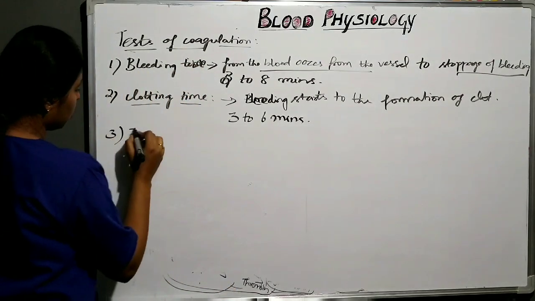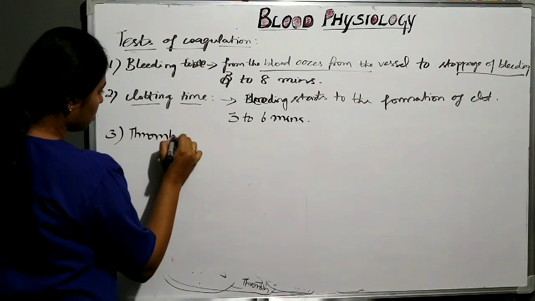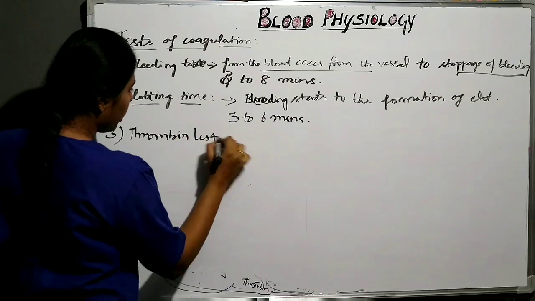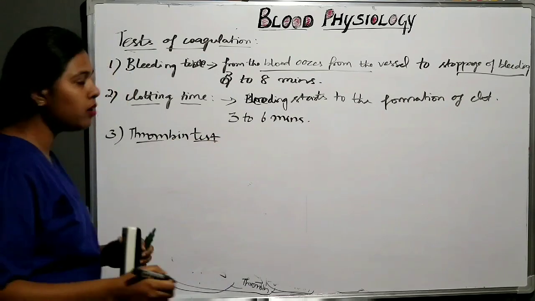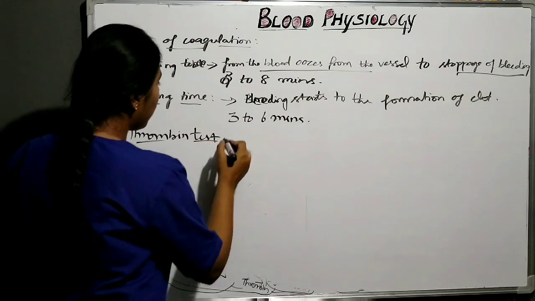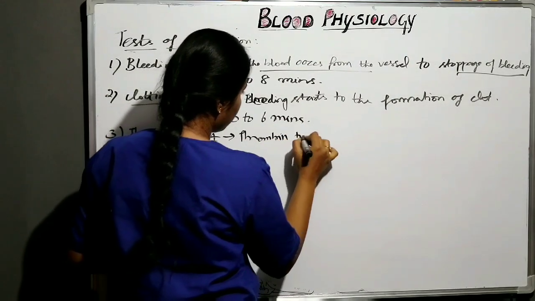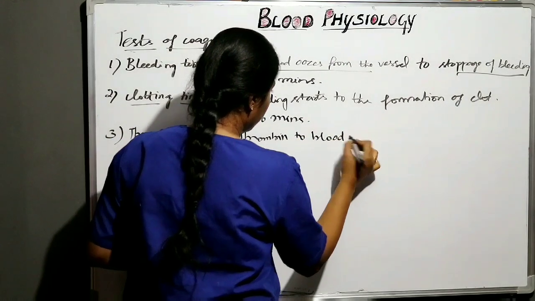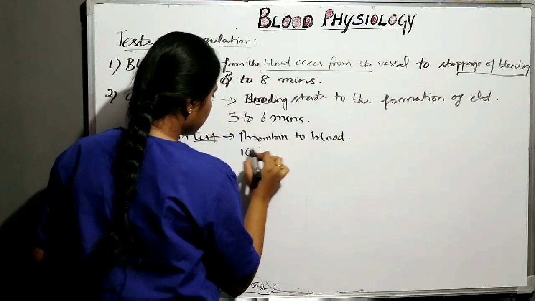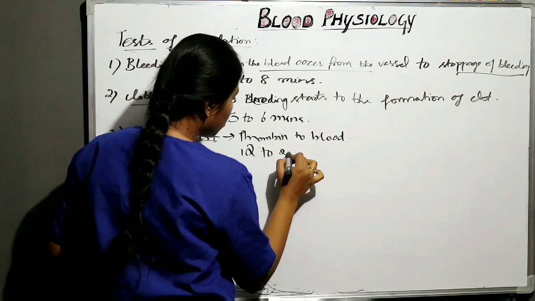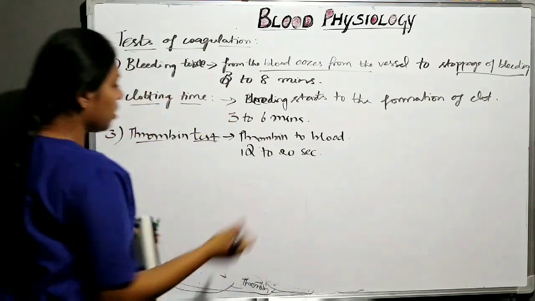Then the third one, thrombin test. It is the time taken for the blood to coagulate after adding thrombin to it. It is usually 12 to 20 seconds.